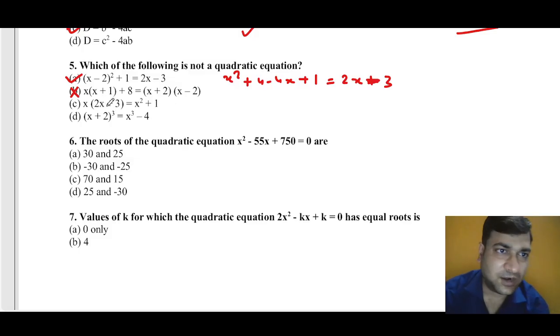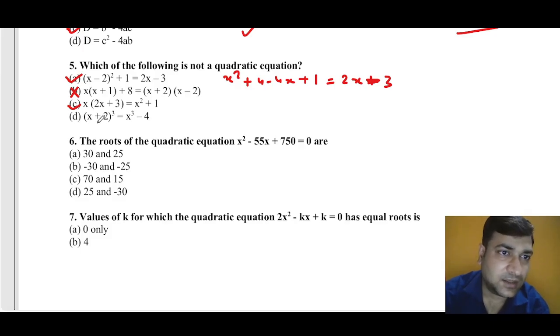In the third part, x into 2x, that is 2x square, so that is 2x square minus x square. That is also the solution. So this is also correct.